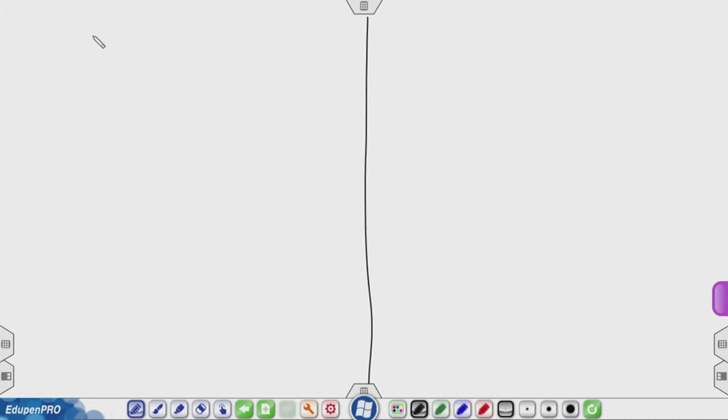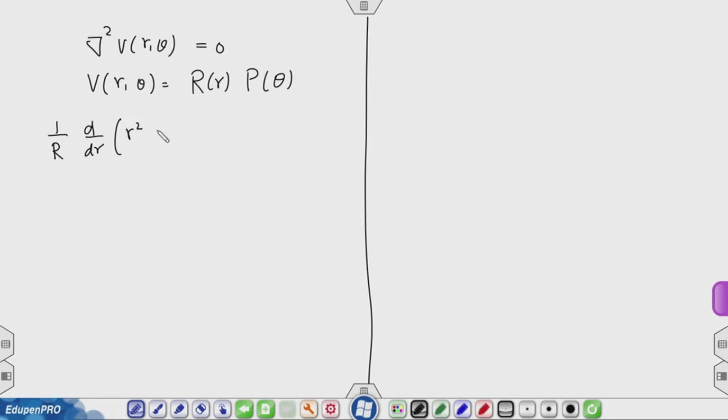So, just to recap, when I am writing del square V r theta equals 0 and taking V to be some function of r times a function of theta, the equation I get is 1 over R d by dr of r square dR by dr plus 1 over P, 1 over sine theta d by d theta of sine theta dP by d theta equals 0.